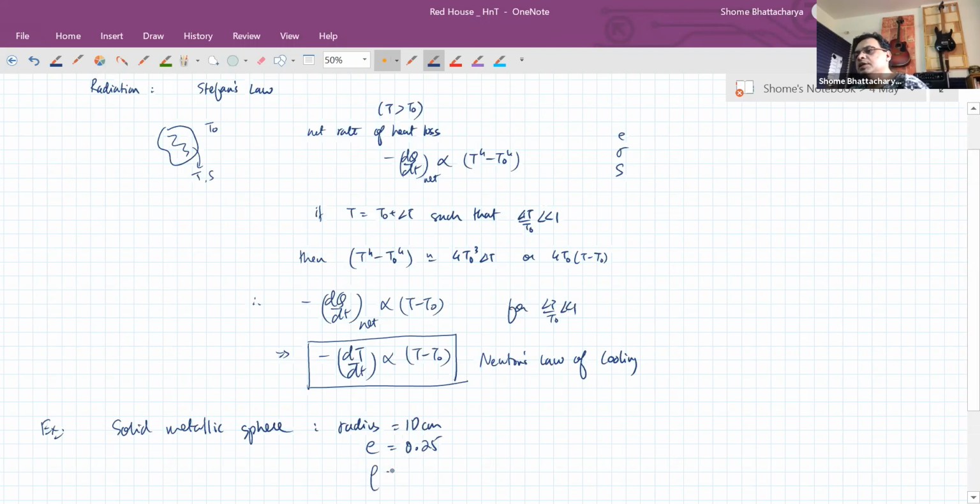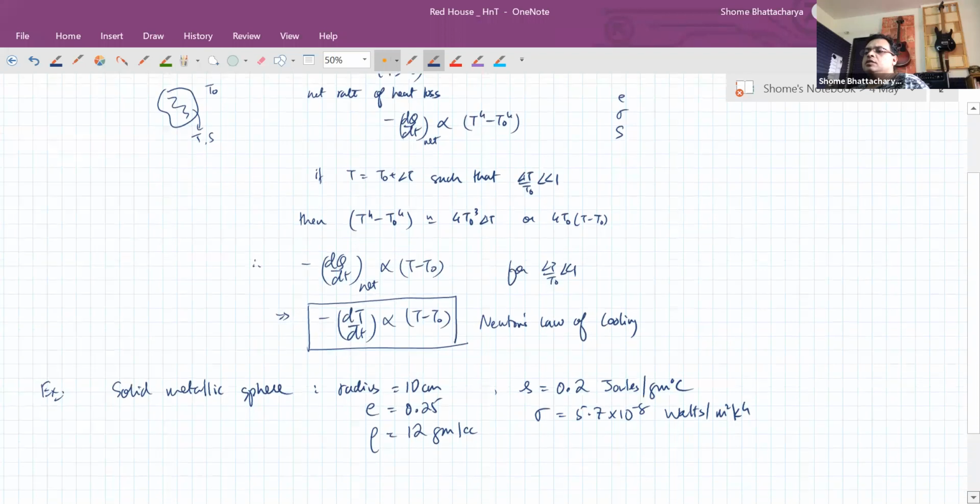The density of the metal is 12 gram per cc. The specific heat capacity of the metal is 0.2 joules per gram degrees C. And let's take the universal Stefan's constant as 5.7 into 10 raised to minus 8 watts per meter square Kelvin to the power 4.